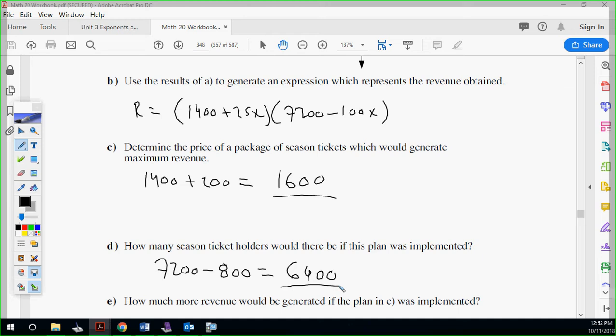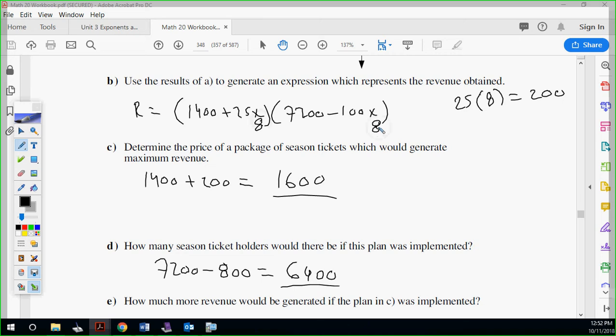The 200 is because you know how we got 8, right? So 25x, so 25 times 8 is 200. And 800 because 7,200 minus 8 times 100 is 800. We put 8 here, right?